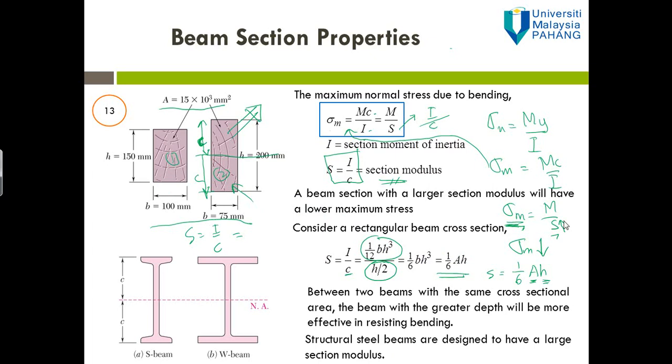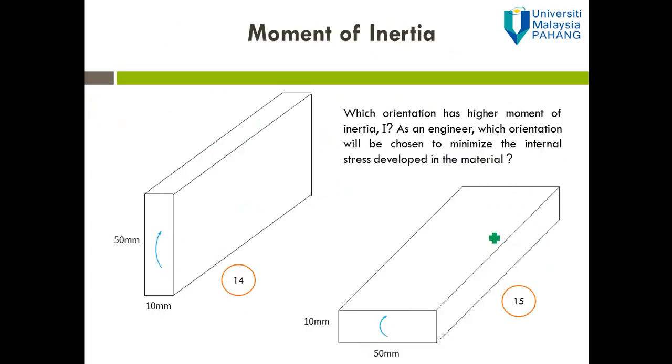Okay, now let's look at picture 14 and picture 15. Picture 14 and 15 show two similar beams put at a different orientation. Note that the beams in these pictures both have the same cross-section area of 50 times 10.